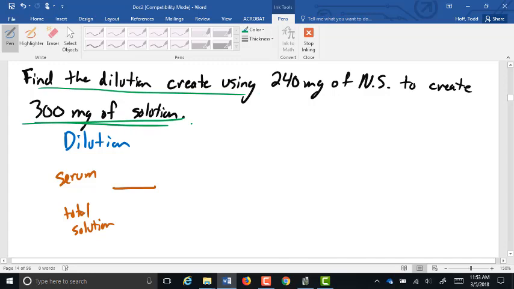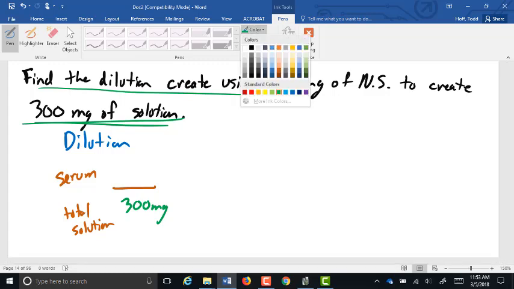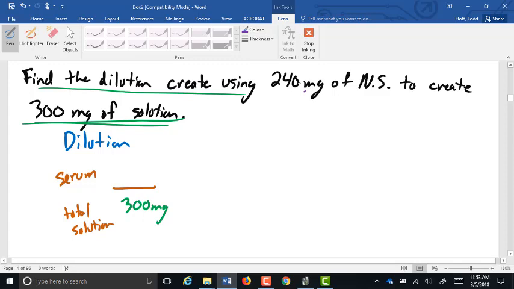We have the total solution at 300. We do not, however, have the serum. So there's a couple of approaches. We can find the amount of serum here by just subtracting 300 milligrams total minus 240 milligrams of saline gives us 60 milligrams of serum.